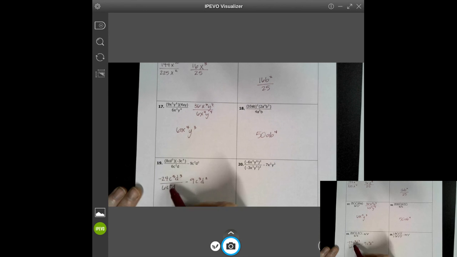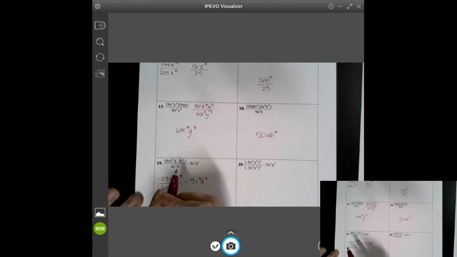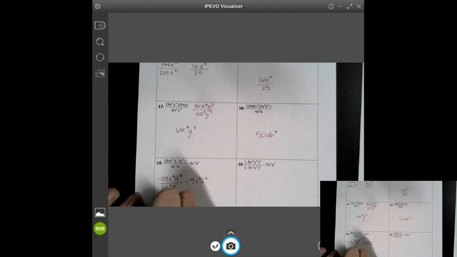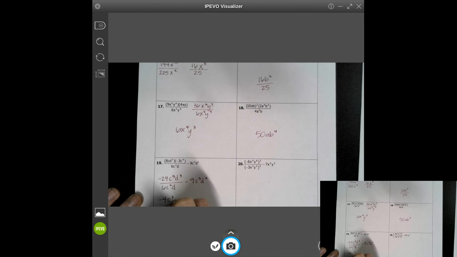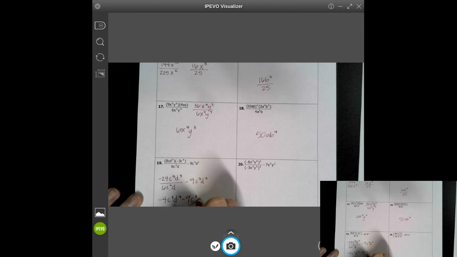Okay, and then I'll simplify my fraction as much as possible. So negative 24 over 6 would be negative 4. C to the 5th over c squared would be c to the 3rd, because I subtract. And I subtract again here, d to the 2nd, minus 9 c to the 3rd d squared. And now remember, when I subtract, I can only combine like terms.